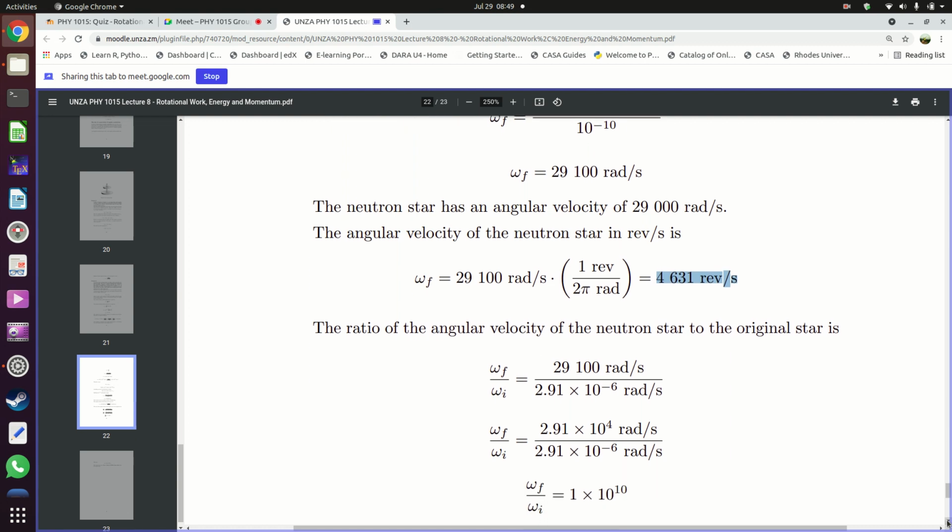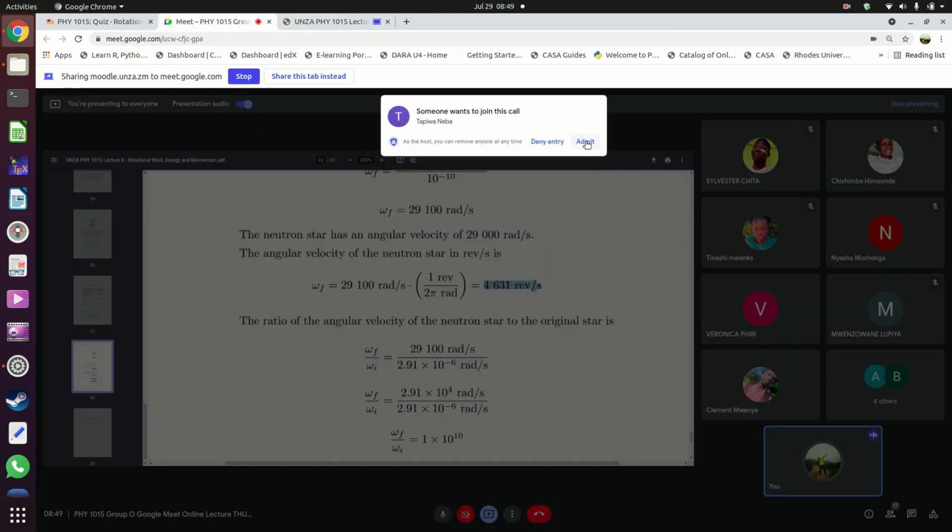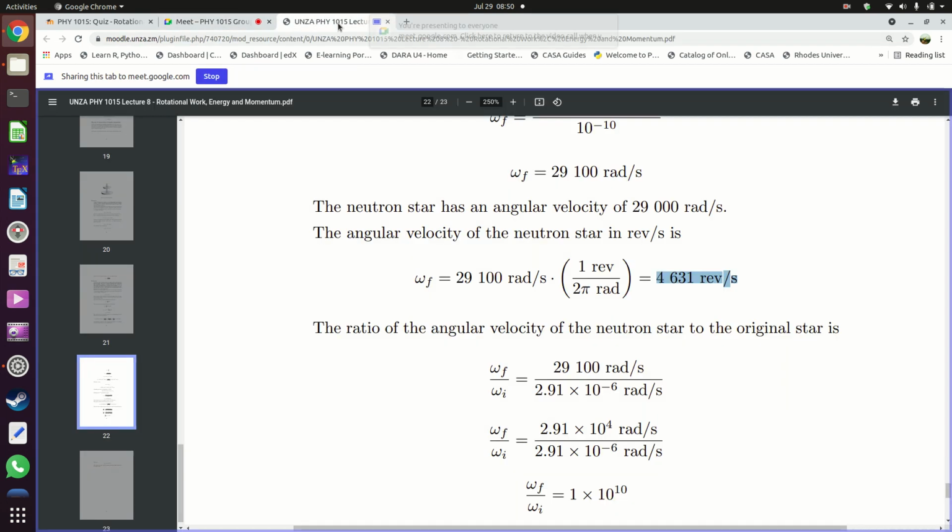Now another thing we want to show is we want to compare our final angular velocity with our initial angular velocity. So omega f divided by omega i is 29,100 radians per second divided by 2.91 times 10 to the power minus 3 radians per second. When you do this division, you end up with omega f divided by omega i equal to 1 times 10 to the power 10.